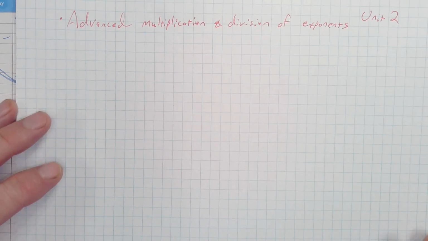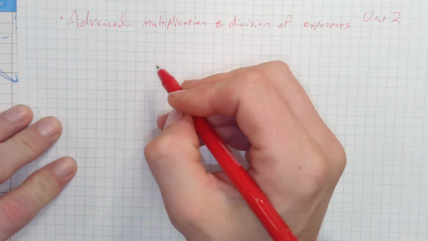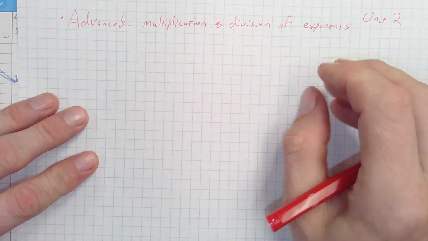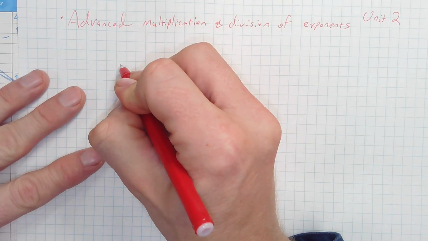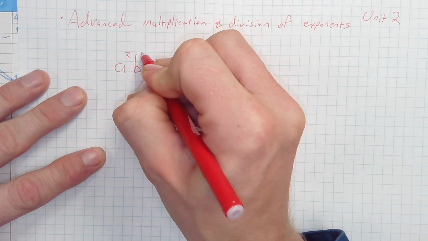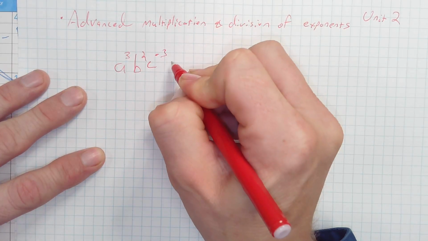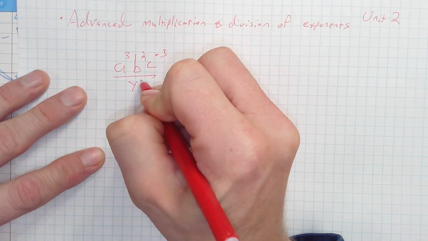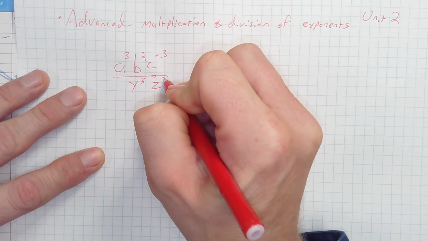Okay, so remember, an expression and an equation are made up of at least one term. Now, I can have a to the cubed, b to the squared, c to the -3, all divided by y to the third and z squared, right?